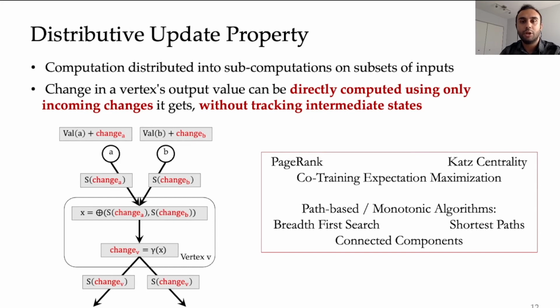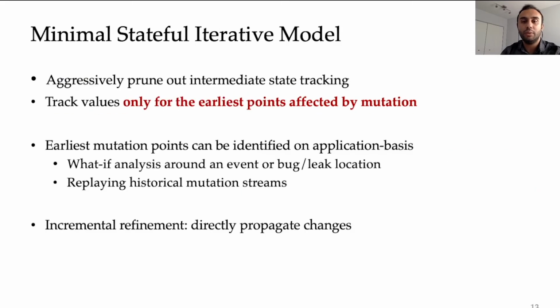For example, computation in PageRank, COEM, cut metrics, path-based functions like SSSP, connected components, and several others satisfy the Distributive Update Property. Again, a comprehensive study of what kind of computation is supported or not supported is present in the paper. Okay, so now that we have identified this important property, our Minimal Stateful Iterative Model exploits it.